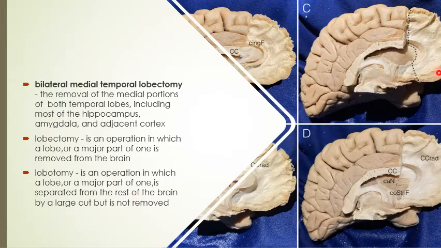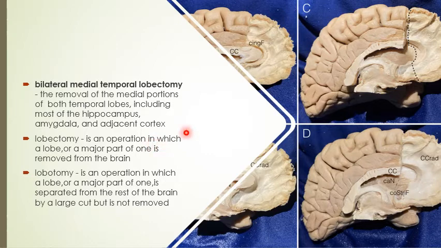In this picture, as you can see, this is a lobotomy. In this portion here, there's a large cut. It is simply separated from the rest of the brain, but it's not being removed. On the other hand, lobectomy is really removing a major part or a major lobe of the brain.